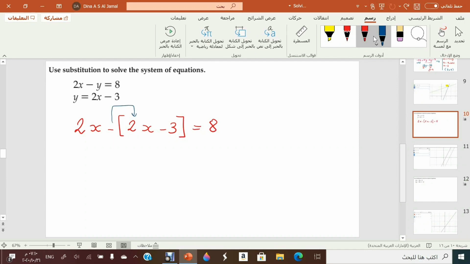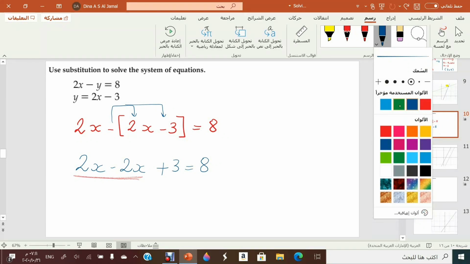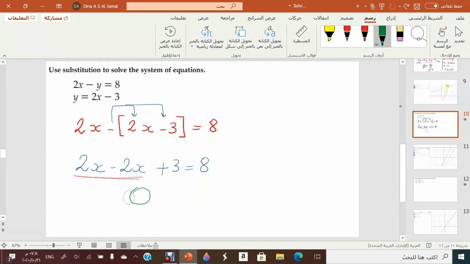You will be having to do the distributive property. 2x minus 2x plus 3 equal to 8. You have here like terms, and these like terms will cancel each other. So it will be 0, 0 plus 3 equal to 8.